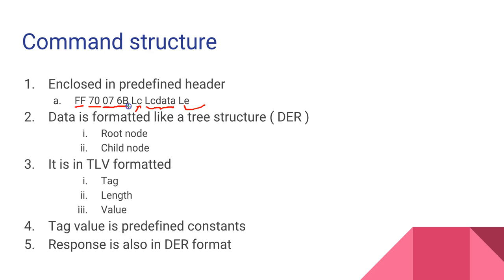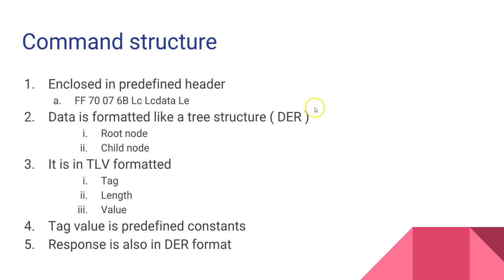Now P1 and P2 is also called the device identifier. So the best thing to know about this format is to look into the device documentation and the software development guide you get for that particular device.